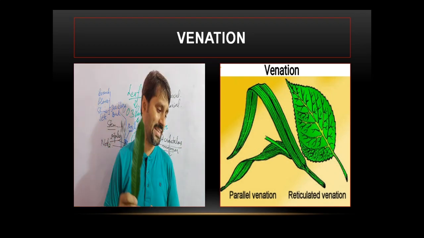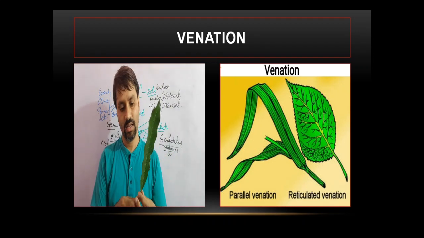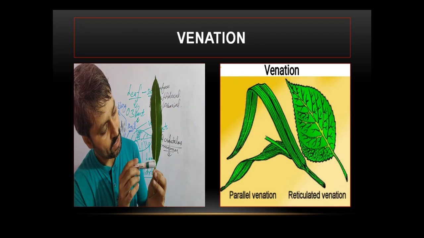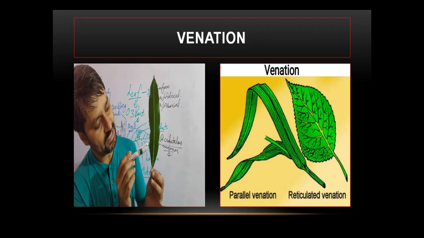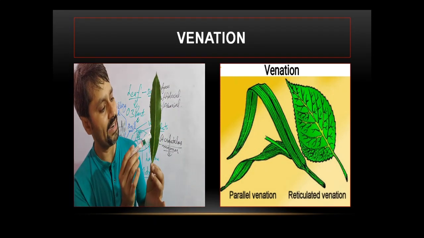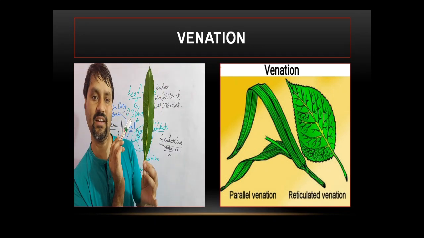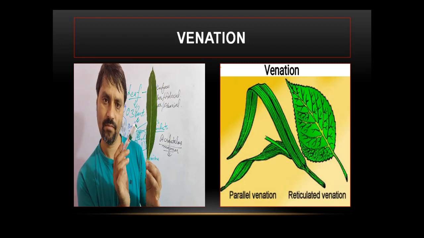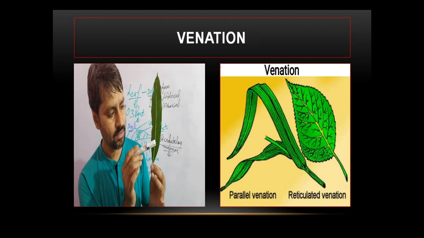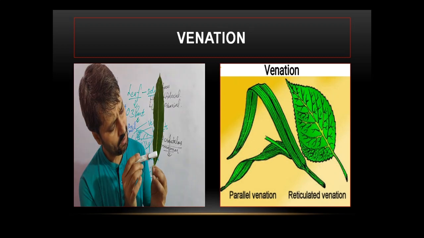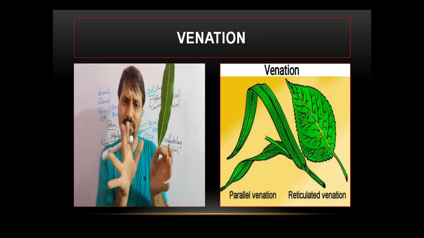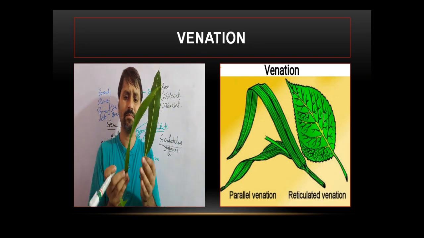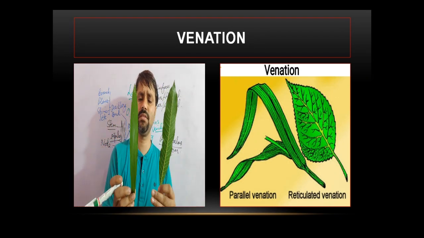Now the question is this. See, as I have discussed, this is the midrib, the prominent midrib is there. These are the veins, and there are veinlets also distributing. Midrib, veins and veinlets are present over the lamina. But see these two leaves.